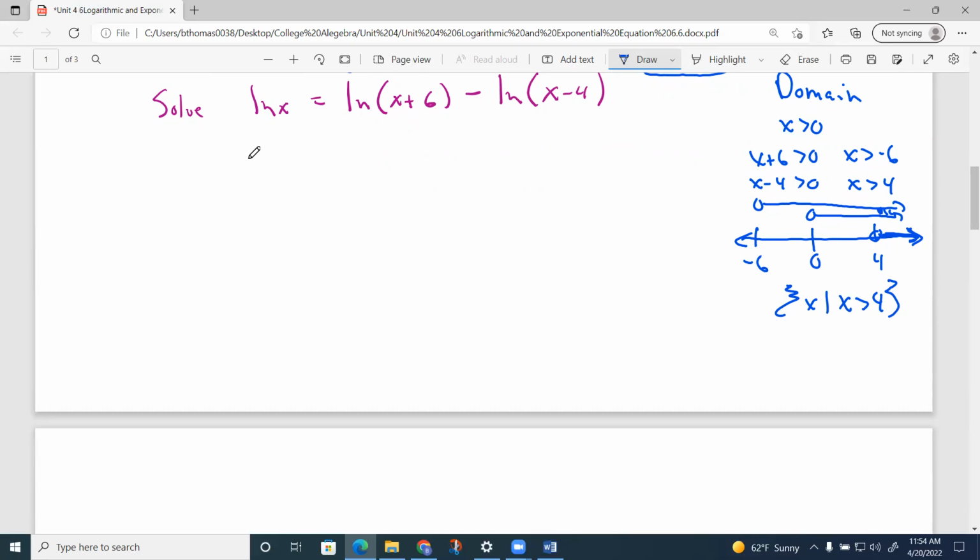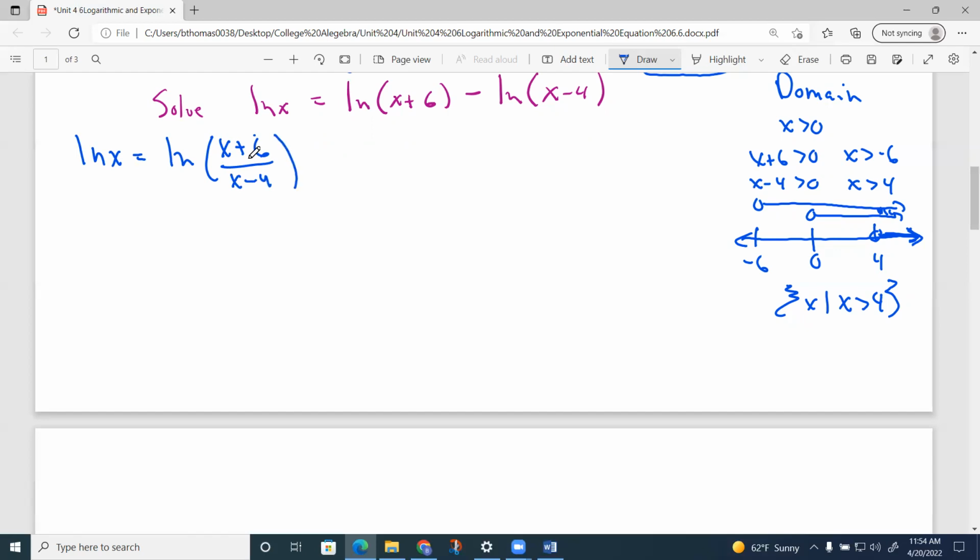As we move forward, if I have to solve this, what I see is this right side can be written as 1 logarithm. Since this is subtraction, I can use a quotient. So the natural log of x is going to equal the natural log of x plus 6 over x minus 4.